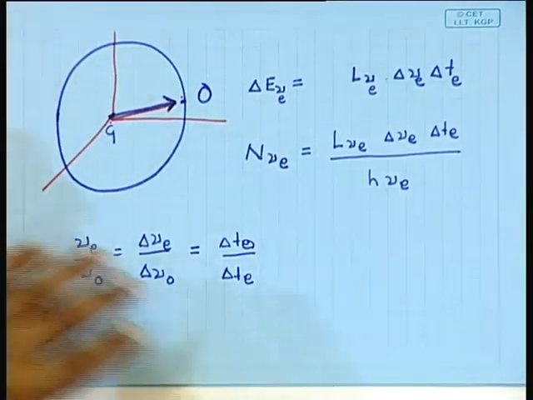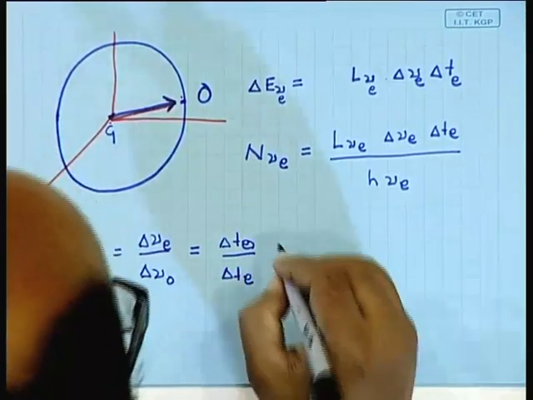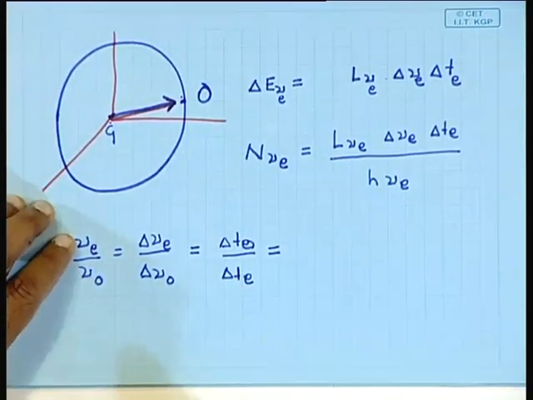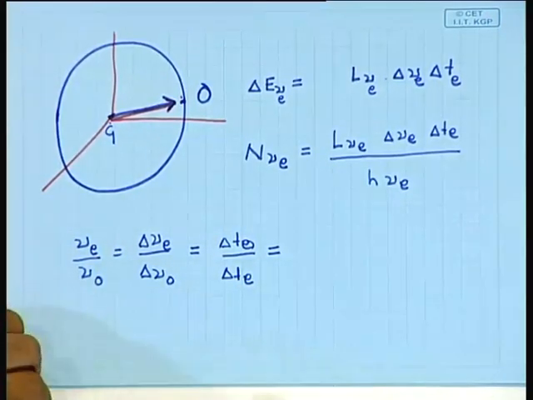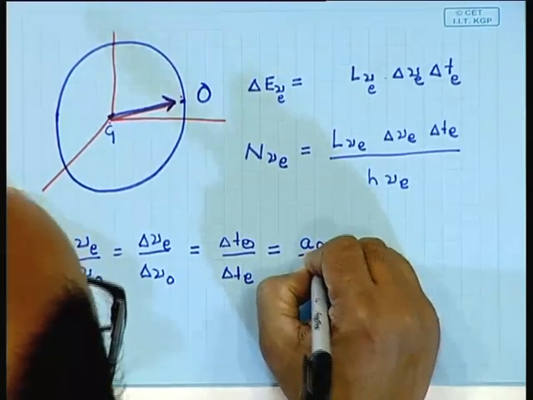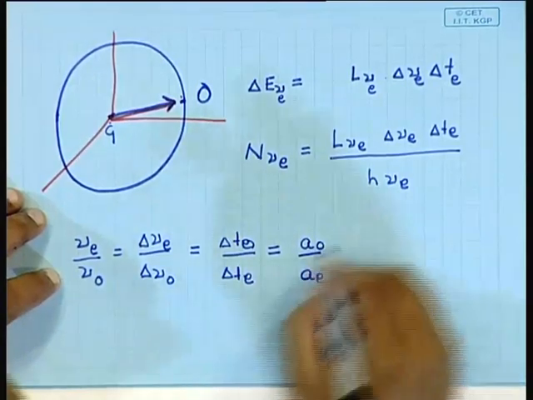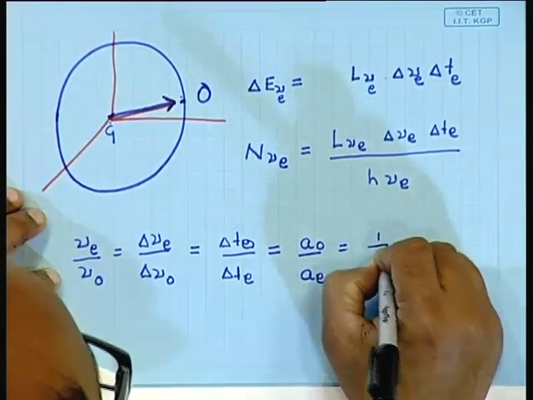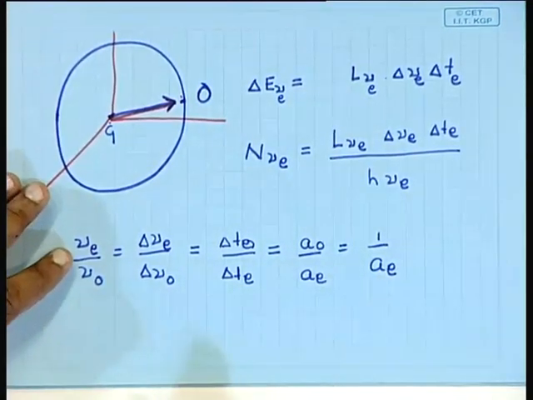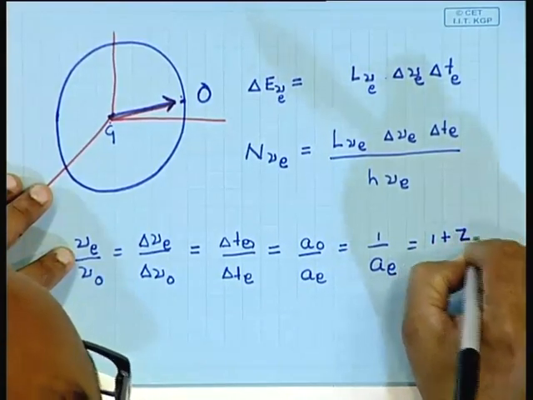The frequency and time are inversely related. So, this is going to be observed by emitted, and the frequency scales as the inverse of the scale factor. So, this is going to be A observed by A emitted, and the numerator we have chosen to be 1. So, it is 1 by A emitted, which is also 1 plus Z, the redshift.